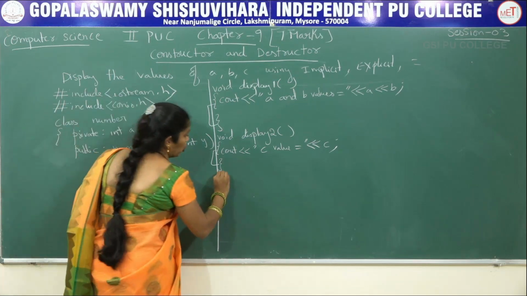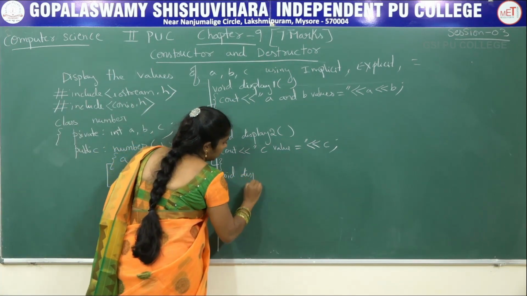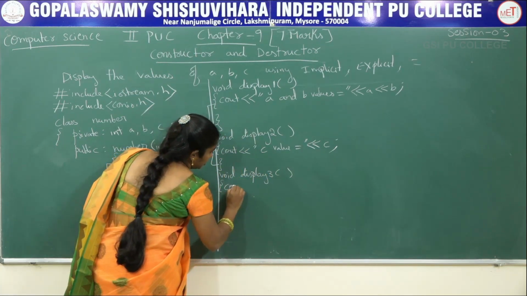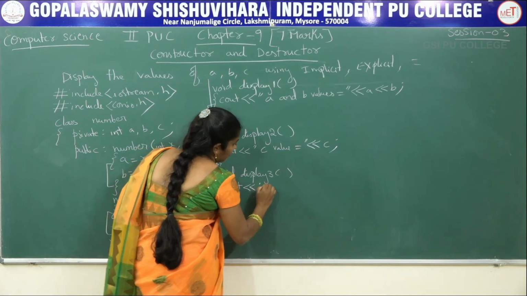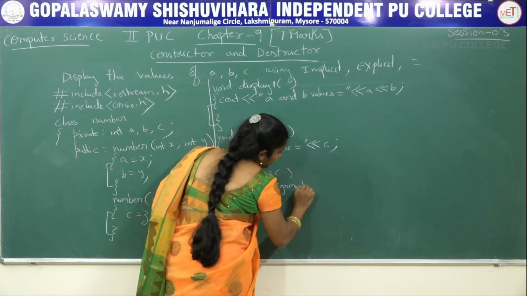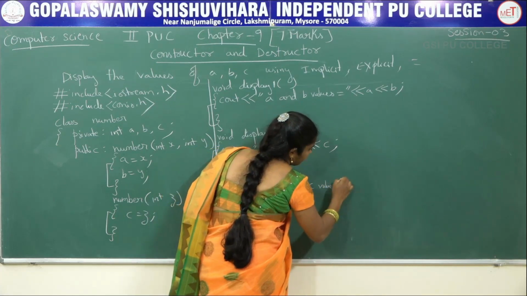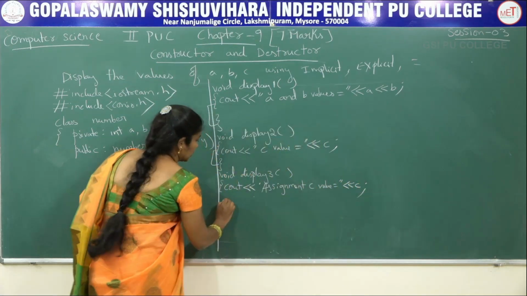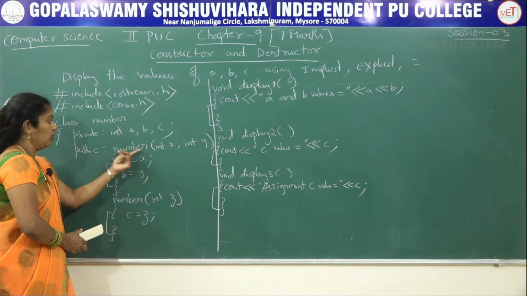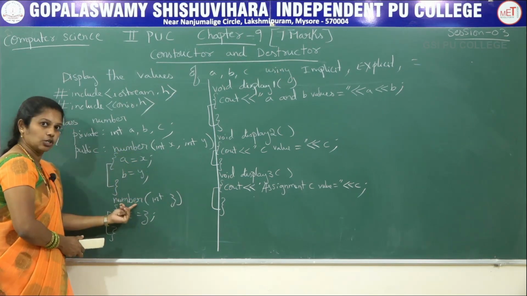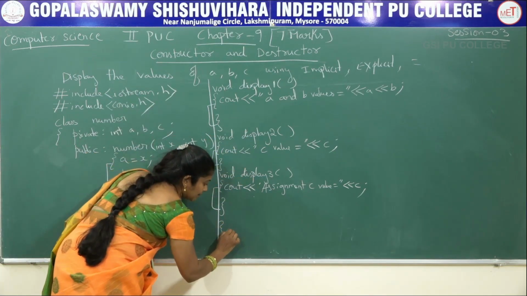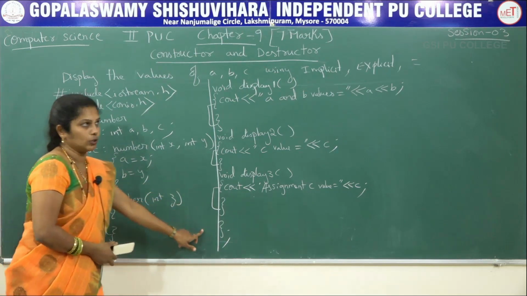Next, one more function, void display3. Here cout, C value equals, display the C value only. Then close this function. In total we have five functions: Number is a constructor function, Number is also a constructor function, display1, display2, display3. Then finally close the class.